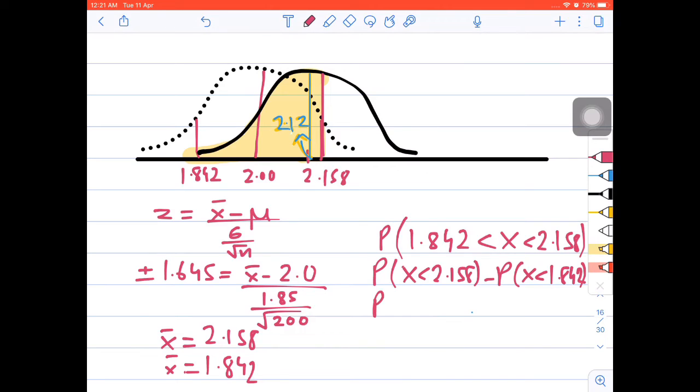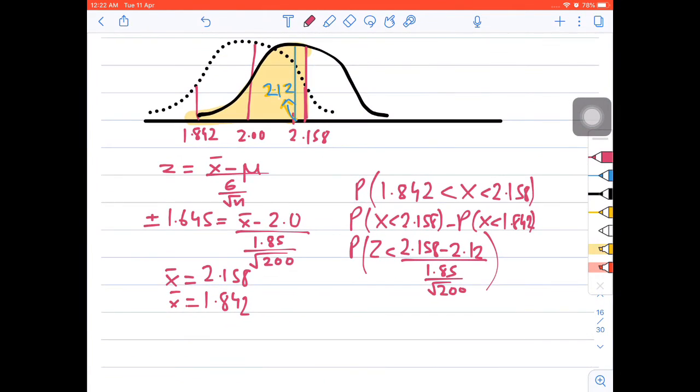That is probability of z less than (2.158 minus 2.12). Now it's with respect to the new mean, so we'll use 2.12 as mu, upon 1.85 upon root 200, minus probability of z less than (1.842 minus 2.12).